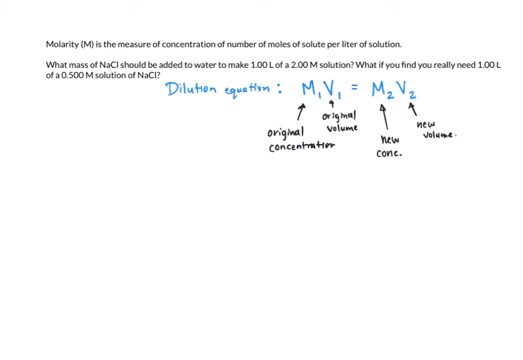Every time that we dilute a substance or add more solvent to it, we'll need to apply this dilution equation again. For the question up above, what happens if we really need 1 liter worth of 0.5 molar sodium chloride? What we're referring to up here is a new volume and a new concentration for our sodium chloride.